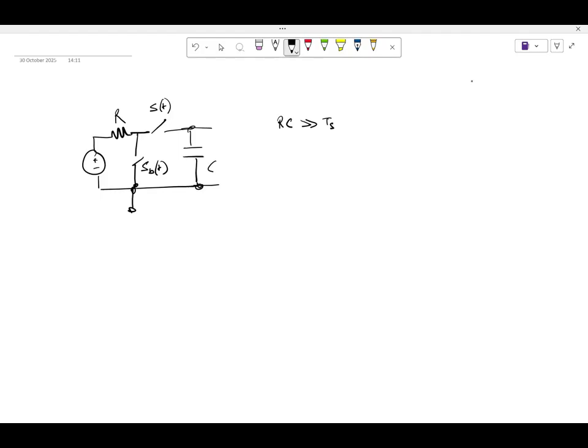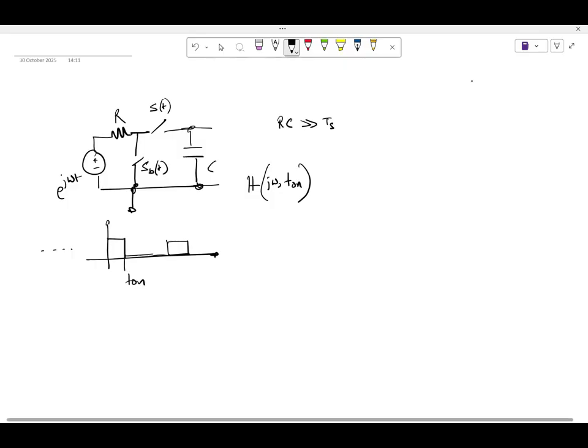the input omega, right? So again, I'll just write it down. If this is e to the power j omega t, then our H of j omega at t_on, right? At t_on and t_on plus nTs.